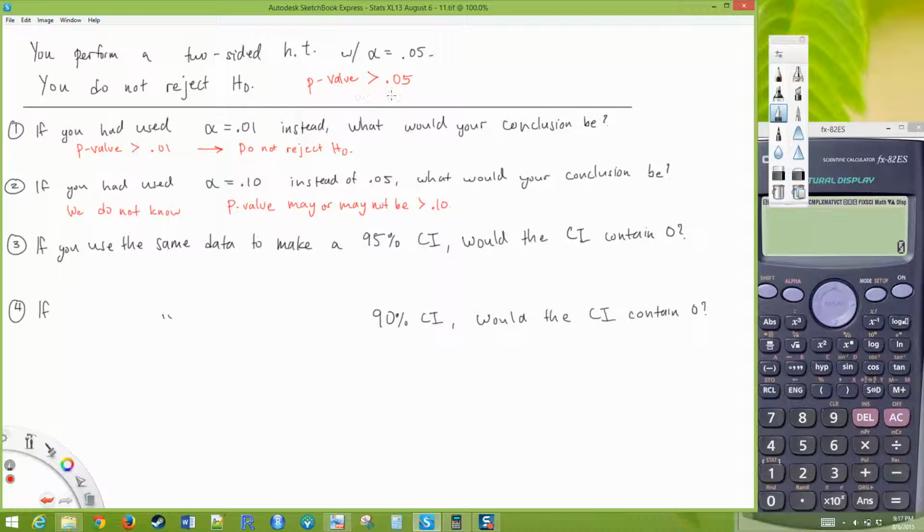The conclusion up here was that we didn't reject, so we do not have evidence of a difference at alpha equal to 0.05. We will make the same conclusion with a 95% confidence interval. If we're not going to have evidence of a difference, then our confidence interval does contain 0.